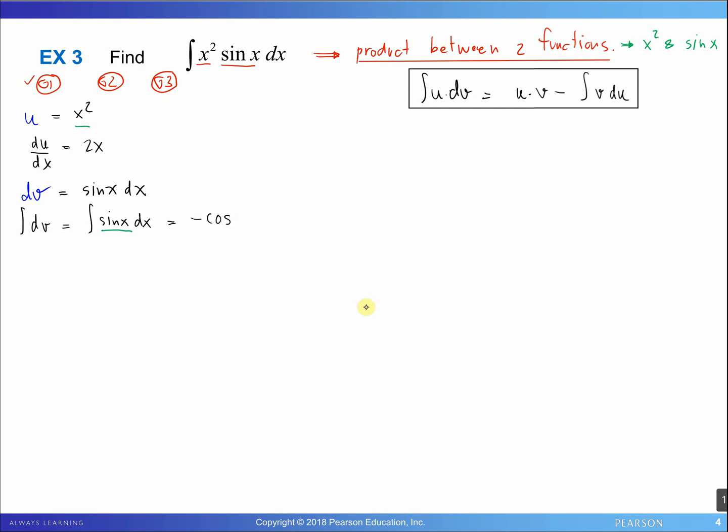And this is v. So dv can be integrated. g2 is satisfied. Check. Now g3: is du, which is equal to 2x, simpler than u, which is x squared? So 2x power of 1 is simpler than x squared power of 2. So yes, simpler. g3, check.